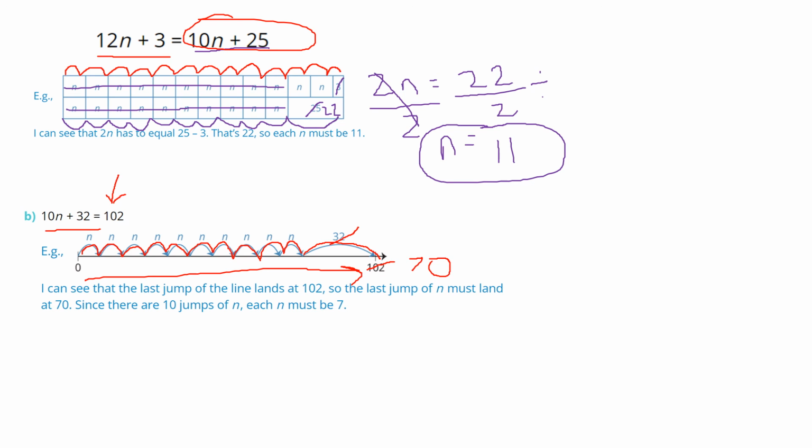So all we have to figure out is what times 10 plus 32 equals 102, and your answer to that would be then 70. Because if I divide it and put the 70 into all my n's, it's going to balance out my equation on the bottom.